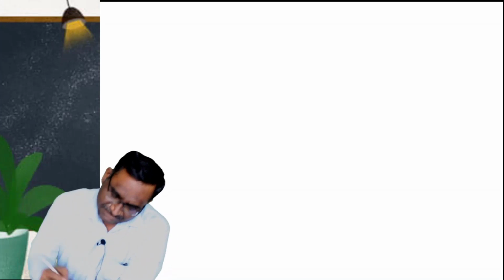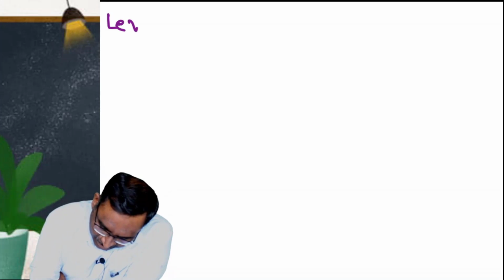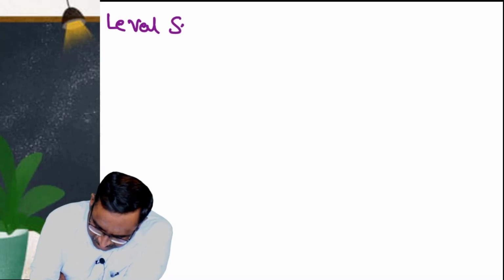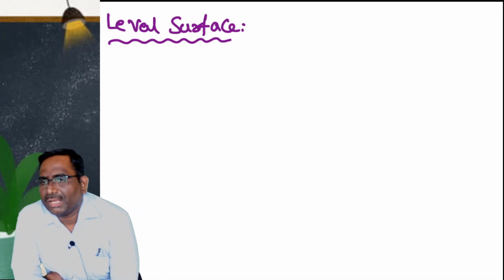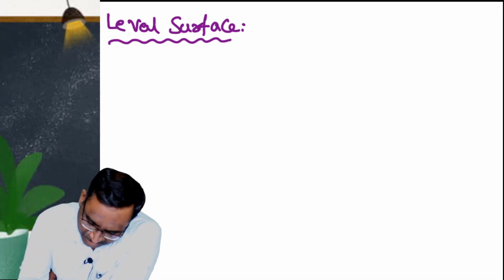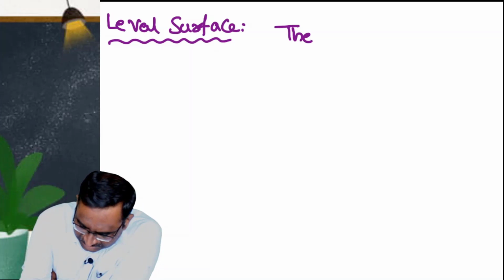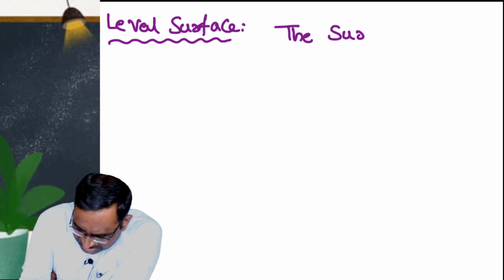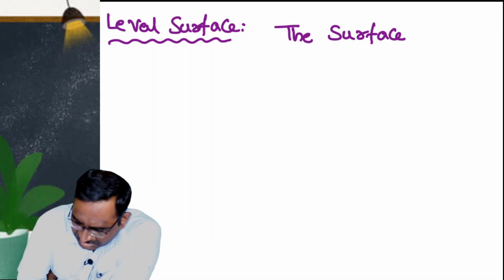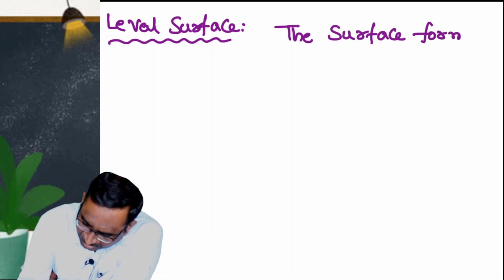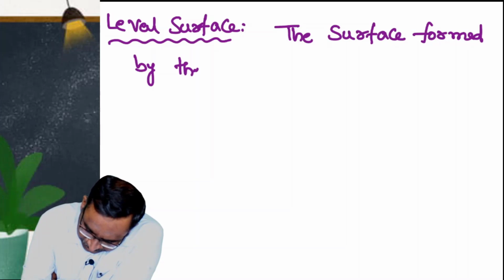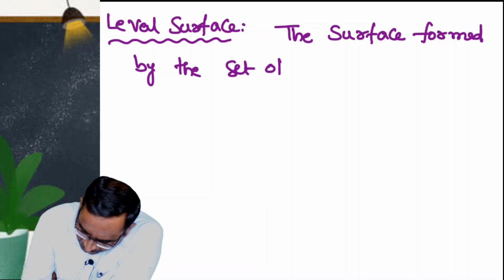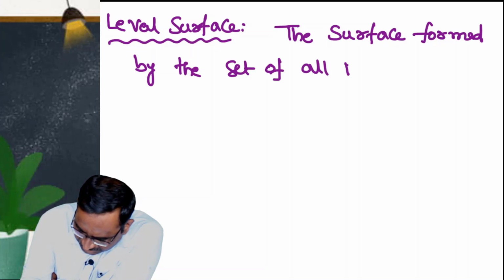which is level surface. The definition of the level surface: it is the surface formed by the set of all points.